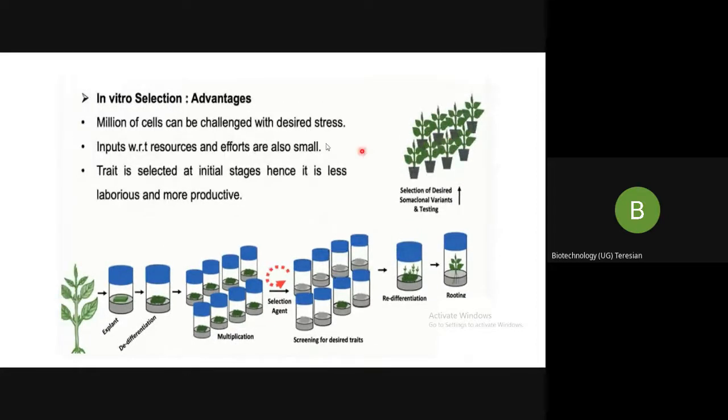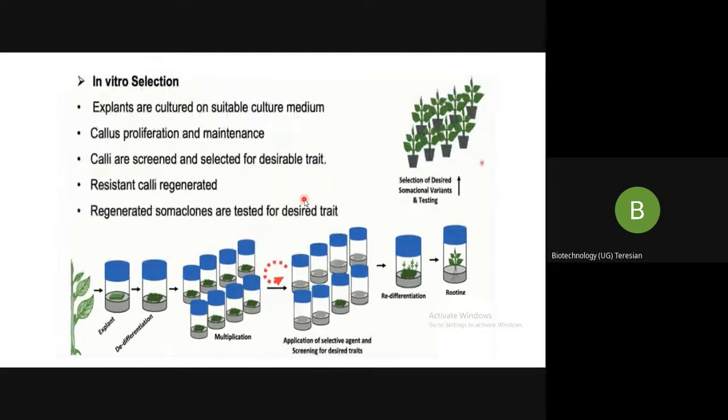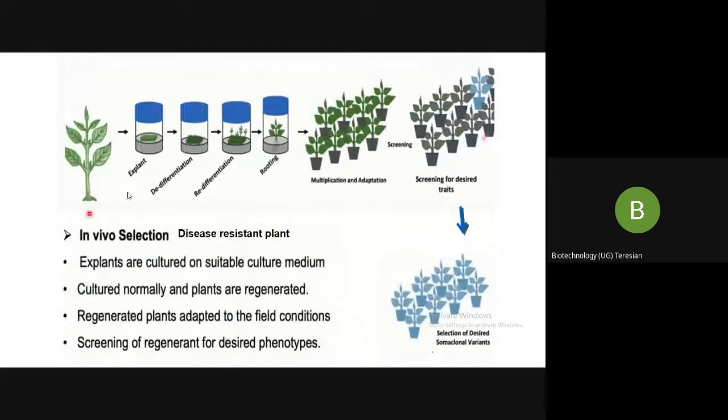See here, in vitro, what you're doing, where is that? One second. Okay, first in vivo selection, what did you do? Explant, dedifferentiation, redifferentiation, rooting, develop the entire plant, multiply by clonal propagation, and then you screen for your plant which is showing resistance.